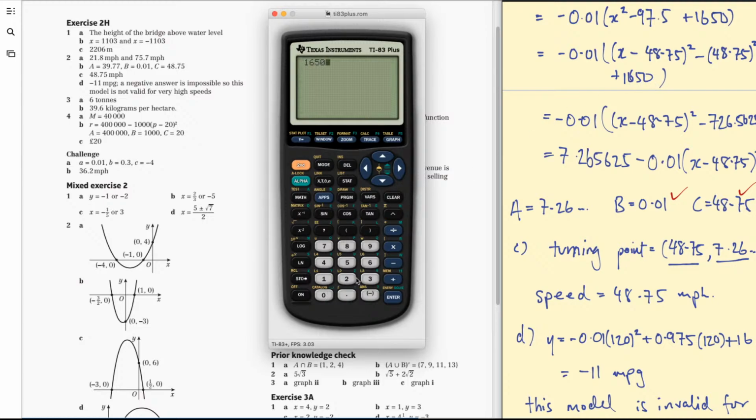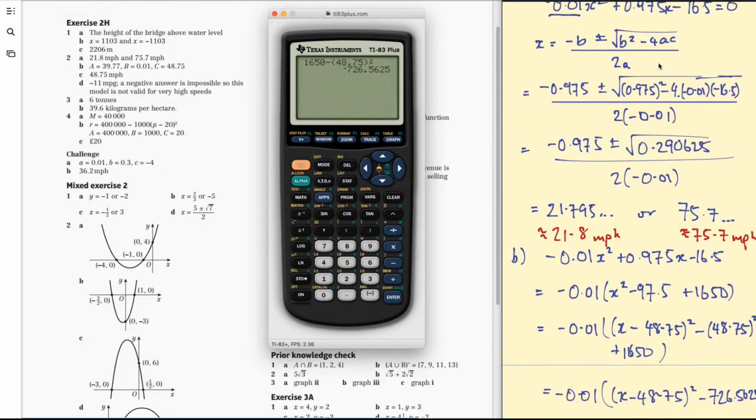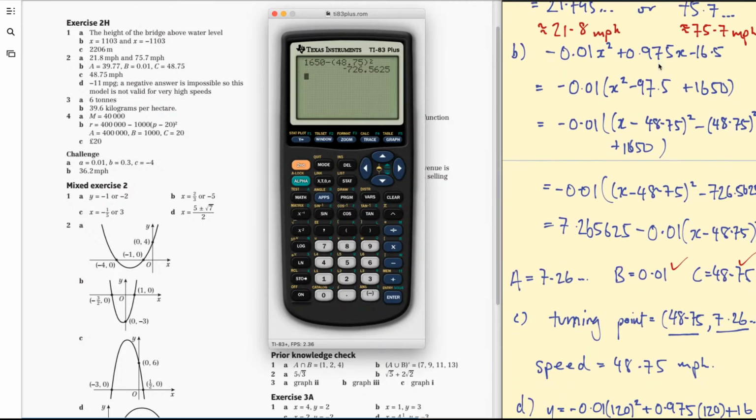So 1650 take 48.75 squared. Oh, what did I do?